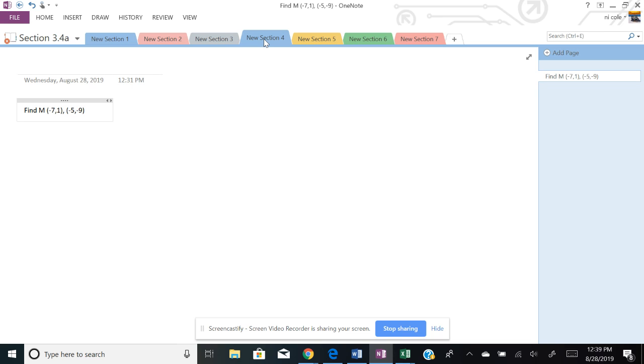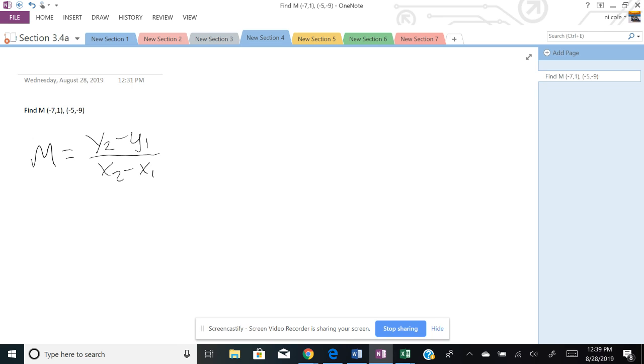You're going to be asked to find the slope, find m from these 2 points. M is equal to y2 minus y1 over x2 minus x1. Which one's y1? Which one's y2?